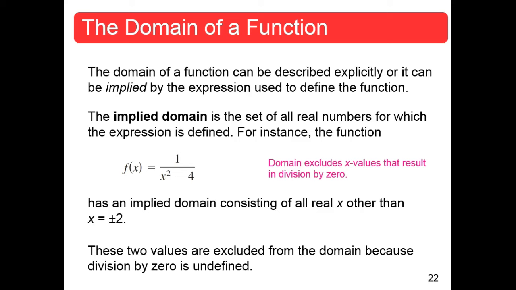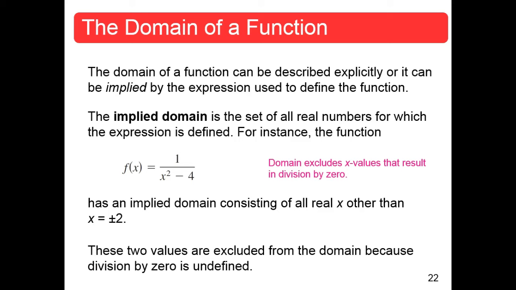Now, explicit, if you think back, remember that piecewise defined function? There your domain was defined explicitly. It was one thing from minus infinity up to 0, and another for all x less than 0, another one for all x greater than 0. You've explicitly described the domain, okay?